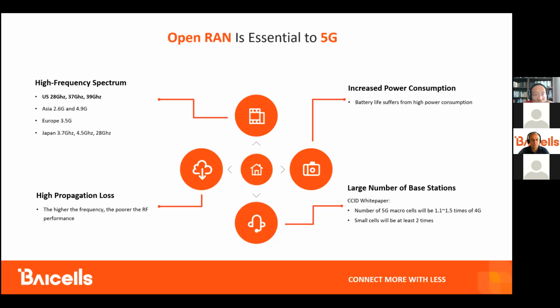For example, in the US, we have 28 gig, 37 gig, and 39 gig millimeter waves for 5G services. In Asia, the sub-6 gig or mid-range frequencies are popular, such as 2.6 and 4.9. And in Europe, 3.5 is one frequency to work with. And in Japan, there are 3.7, 4.5, and 28 gig.